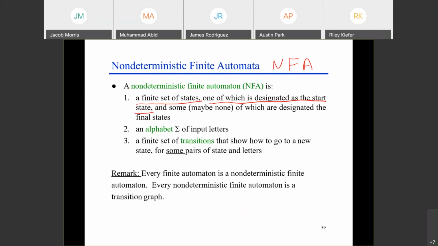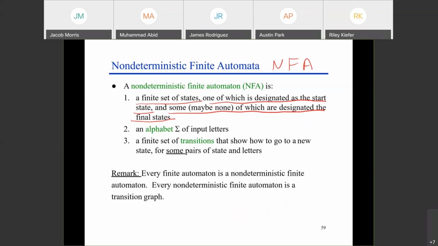Some, maybe none, of which are designated the final state. So there is no change in this first definition. Whatever FA, whatever NFA, they both are the same. It may not have any final state, it may have one final state, it may have more than one final state. Okay?